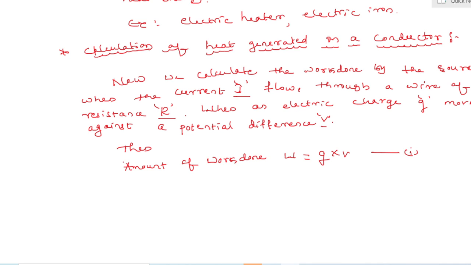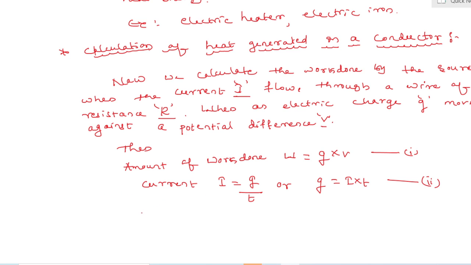From the definition of current, we know that I is equal to Q divided by t, or Q is equal to I into t. It is equation number 2.